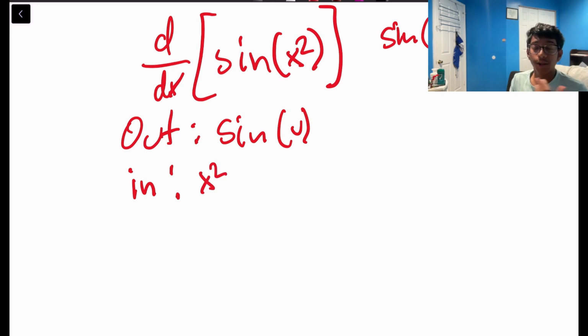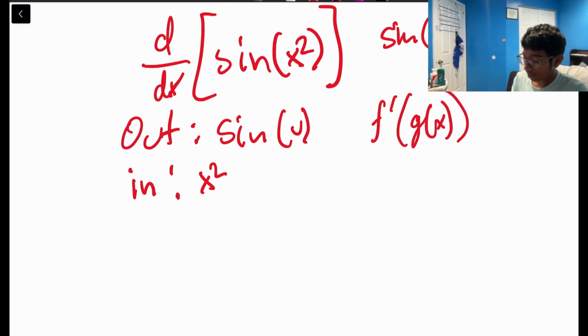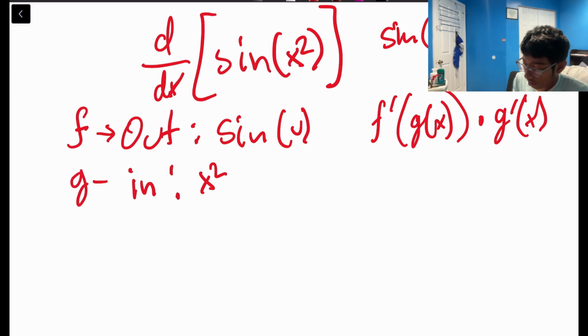Let's move on to the equation we had before, which was finding the derivative of the outer function evaluated at g of x times the derivative of the inner function g of x. Our outer function is the f, and our inner function is the g. So what is the derivative of f, which is sine of u? It's cosine of u.